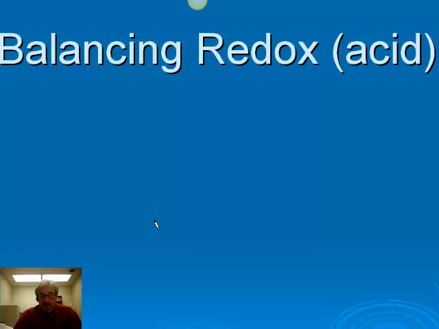And quite often, if you're starting out with a net ionic reaction, you don't even have all the species that you're going to need to ultimately balance the thing. So it's a good idea, it's almost an essential idea, to follow a set of rules, a technique for balancing these equations. One technique works in acid, and then we have to modify it slightly to make it work in a basic environment. So I'm going to teach you the steps of balancing redox reactions in an acidic environment.